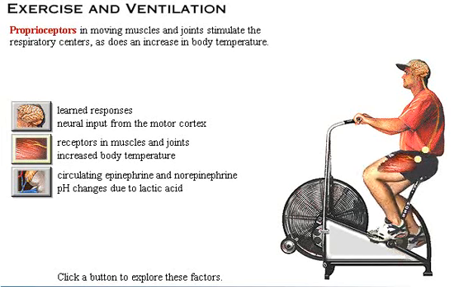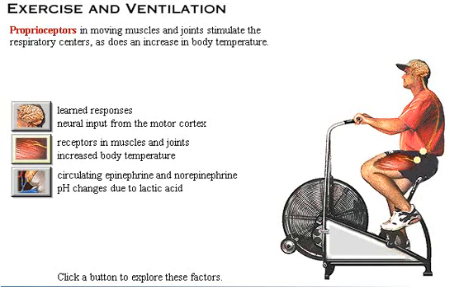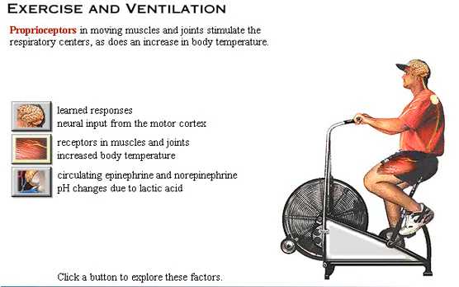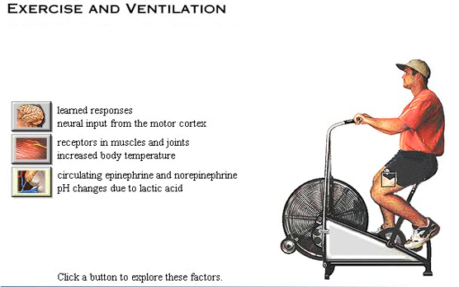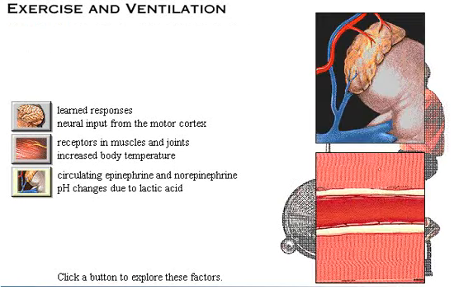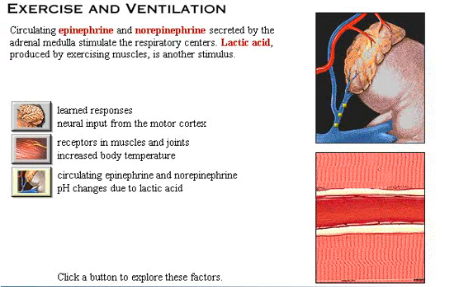Proprioceptors in moving muscles and joints stimulate the respiratory centers, as does an increase in body temperature. Circulating epinephrine and norepinephrine secreted by the adrenal medulla stimulates the respiratory centers. Lactic acid, produced by exercising muscles, is another stimulus.